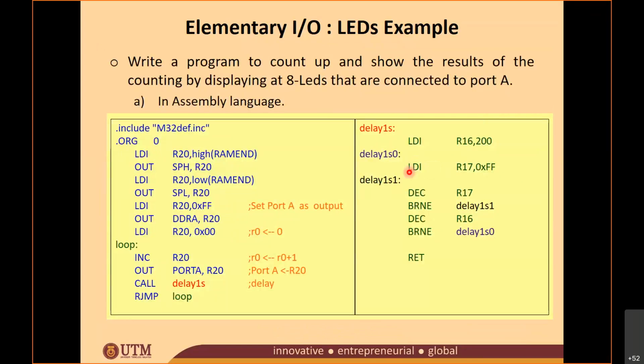Now we are going to write a program to count up and show the result of the counting by displaying it on 8 LEDs that are connected to port A. If you are going to answer a question like this, I advise you to draw your circuit first. Draw your Atmega 32 chip, and then do all the connections.